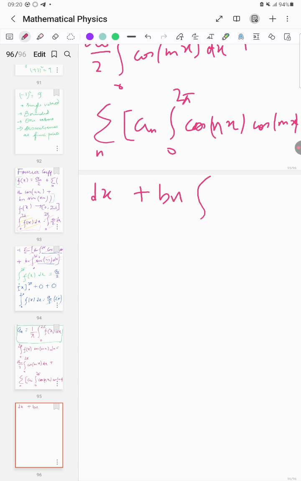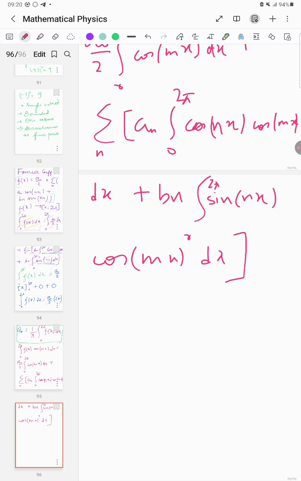Similarly for bn, we have bn integration 0 to 2 pi. Sin nx was earlier there in the integration. We are just multiplying a cos mx to it. dx. We close the bracket here. So how will this behave?